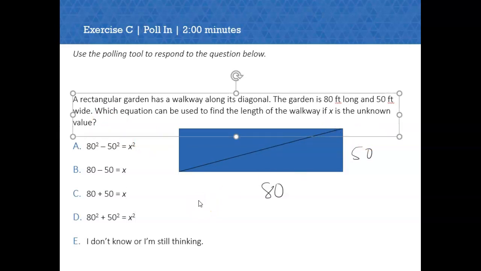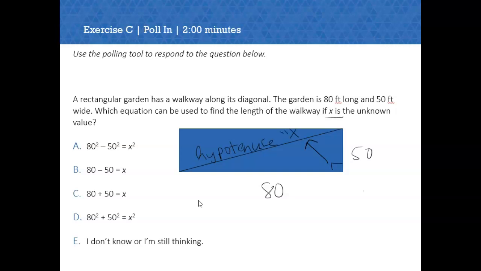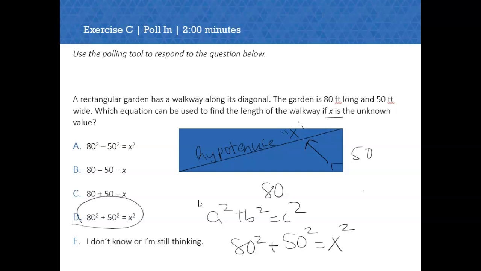So remember, the diagonal is just opposite corners. So here's our right angle. So directly across is the hypotenuse, which they told us is the walkway, and they called it x. So that's the hypotenuse. So that's what we put in for c squared. A squared plus b squared equals c squared. So we're going to have 80 squared plus 50 squared equal to x, because that's what they called it, squared. So that is D.